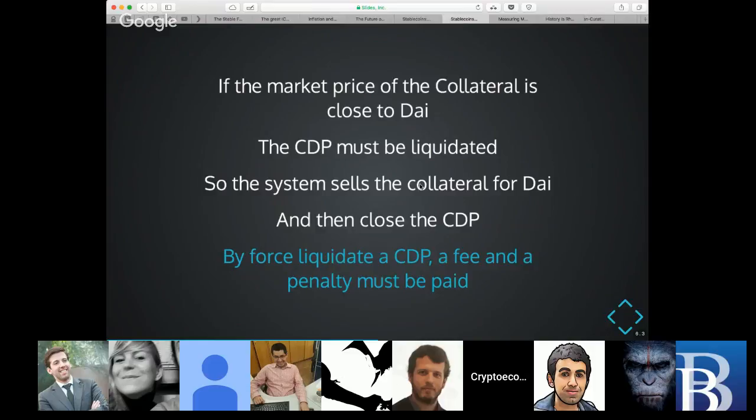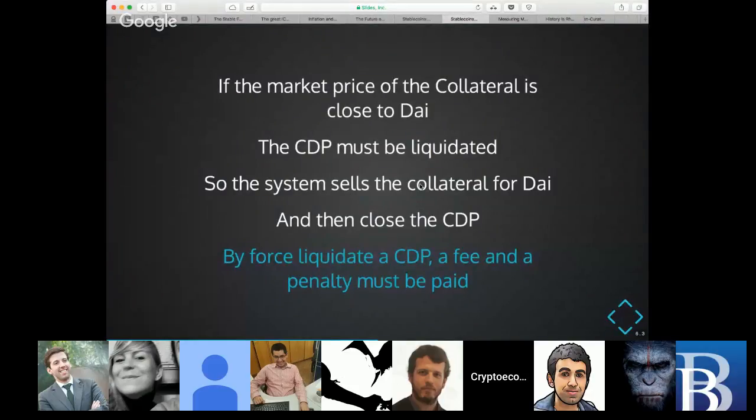It will sell that collateral, the Ether, for DAI. And in doing so, it will close the position, and at the same time, it will charge a fee and a penalty for not having managed that properly by the holder of the CDP before.